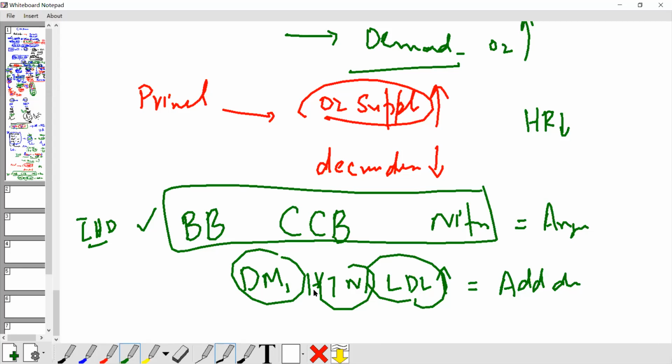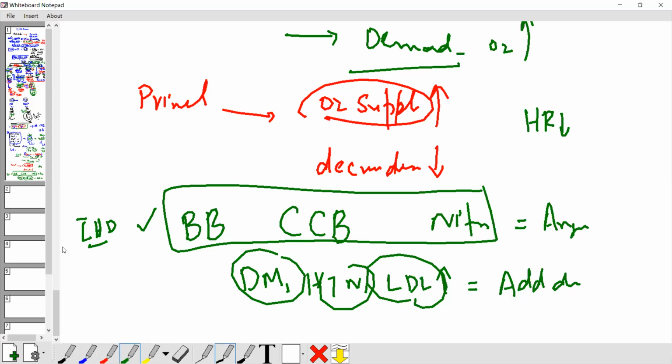If the patient has all these things, then we add them, because the most common cause is related to atherosclerosis. You may have a high level of cholesterol, be hypertensive, be diabetic, or be a smoker. These are the main four risk factors for atherosclerosis.